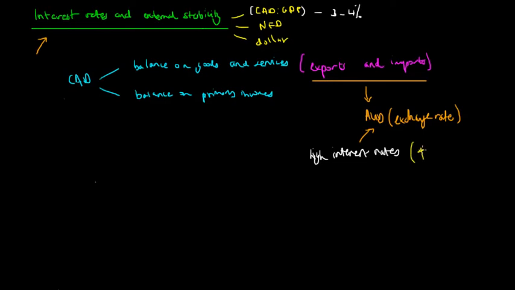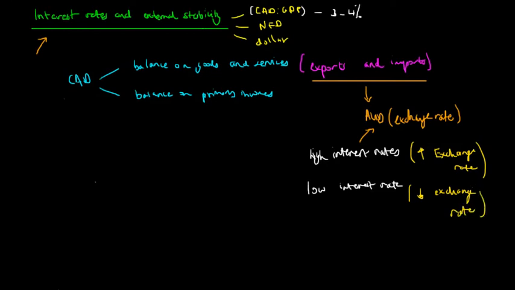So that would lead to an increase in our exchange rate. And by the same logic, a lower interest rate or an expansionary monetary policy would actually put a downwards pressure on the exchange rate.